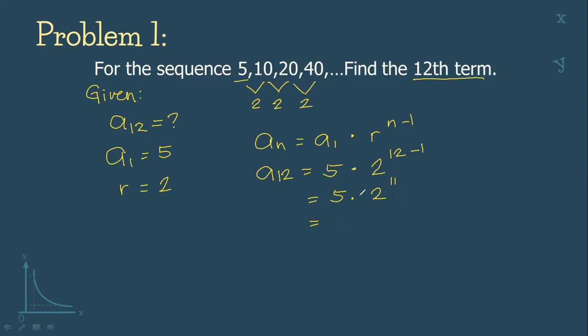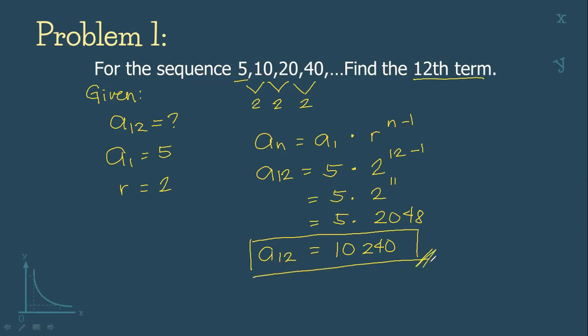So, we need to multiply 5 by 2048, which is equal to 10,240. So meaning to say, our 12th term is 10,240. And that, my dear students, is our correct answer.